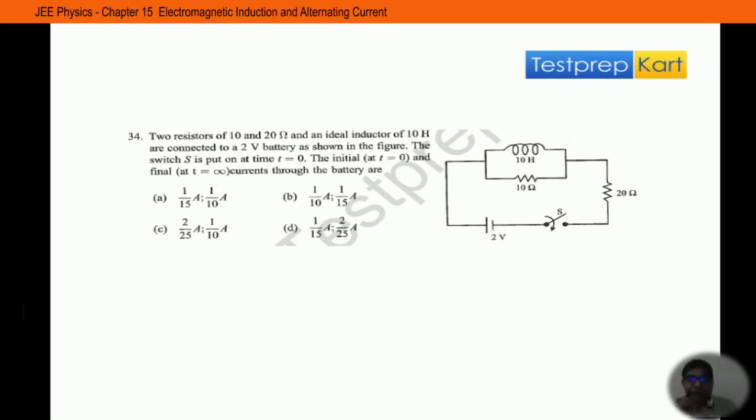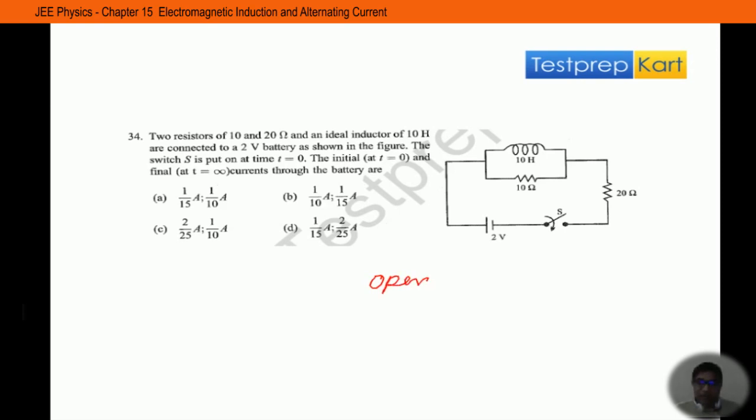There are a number of methods for solving this problem, but at JEE level we just need to understand a few basic fundamentals: whenever we connect an inductor to a power supply, charging does not start immediately. When the inductor does not start charging immediately, the net current passing through it is equal to 0, and then initially it behaves like an open circuit.